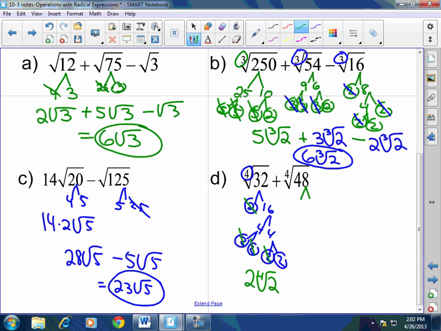Excellent. 48. That's 3 times 16, which is 4 times 4, which is 2 and 2, and then a 2 and a 2. 1, 2, 3, 4 2's comes out as a 2 with a 4th root of 3 left over.